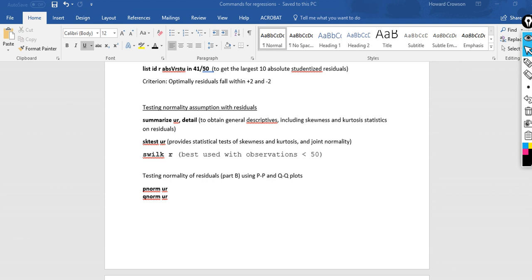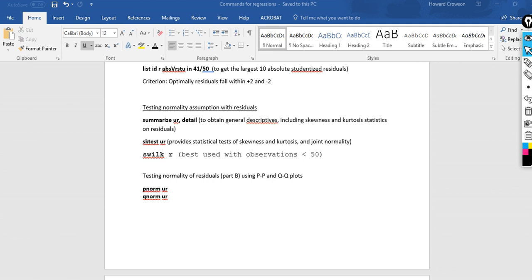And we talked about how residuals were assumed to be randomly distributed within the residuals plot, exhibiting constant variance. Another assumption, though, is that the residuals exhibit normality.